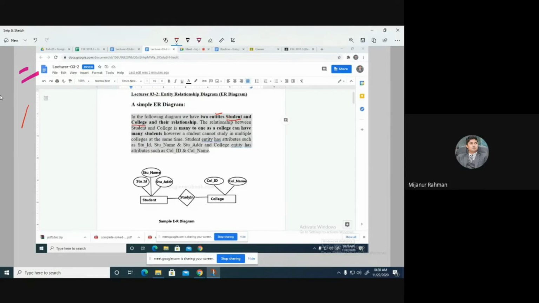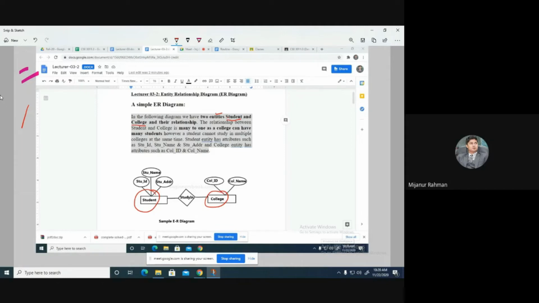You know why these are the entities. So look here, student is one entity, college is another entity, and an entity has attributes, right?